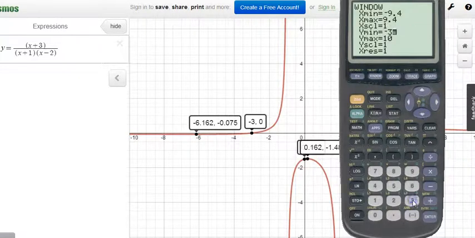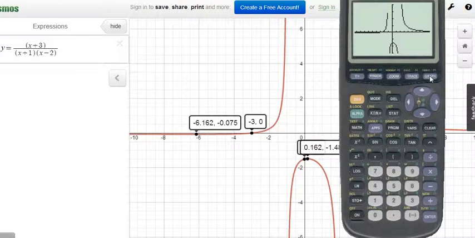We would need to be closer in on this. Here it's a lot harder to see that this thing actually has a minimum point somewhere, that it comes down, has a minimum, and then goes back up. So we'll move in a little closer and play with the window a bit.